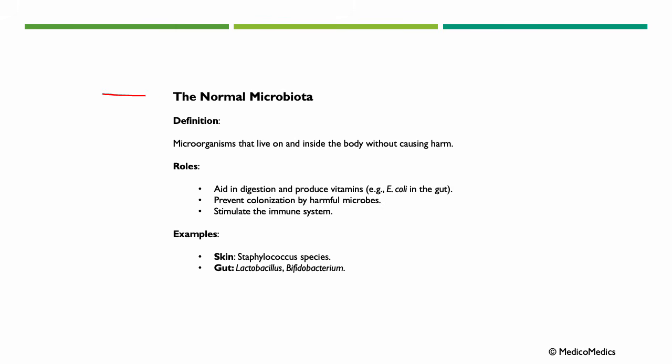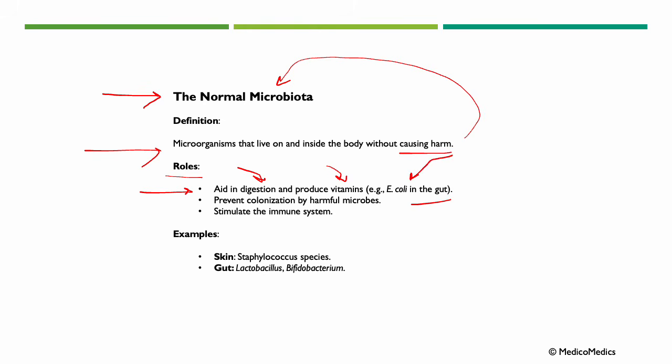So what's the normal microbiota? Microorganisms that live on and inside the body without causing harm is what we typically call the normal microbiota. What are the roles here? It aids in digestion and in producing vitamins, for example, E. coli in our gut. It prevents colonization by harmful microbes.